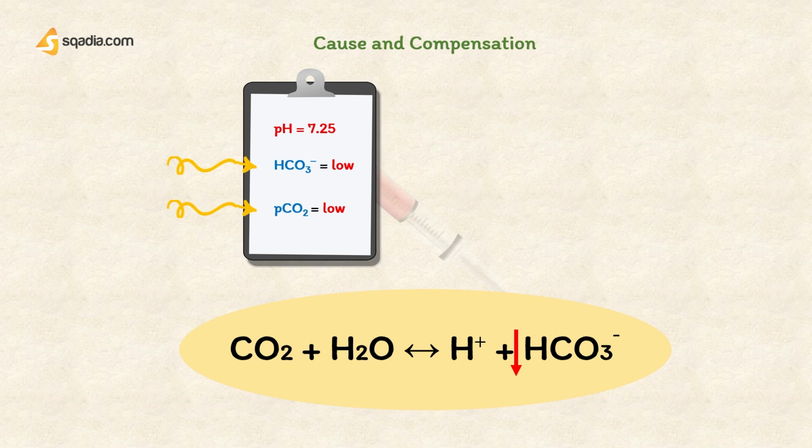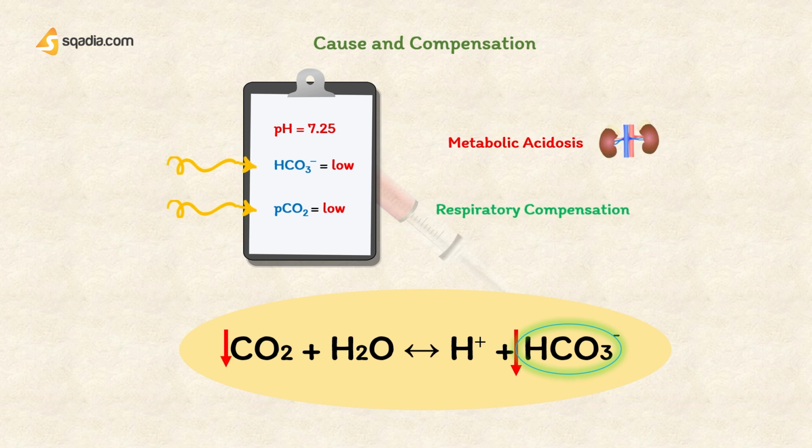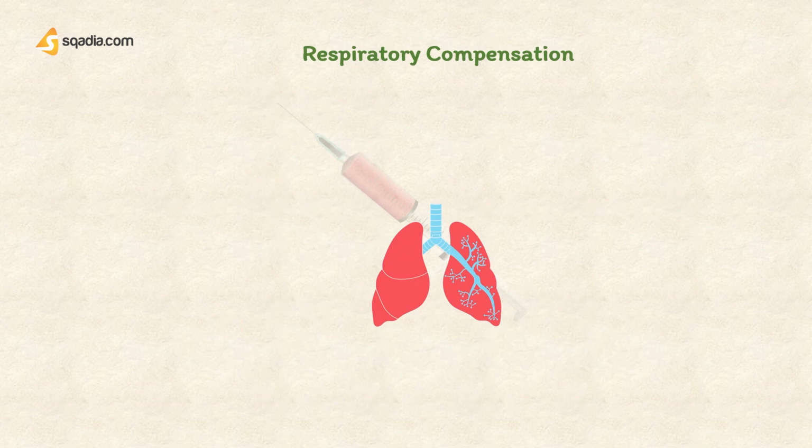Yes, it's the low concentration of bicarbs. So this is a metabolic acidosis, and since the carbon dioxide is trying to drive the equation in this direction, it is low, and therefore this is a respiratory compensation. So this is an example of a metabolic acidosis with respiratory compensation.